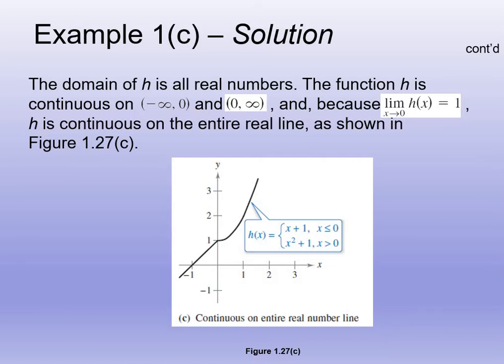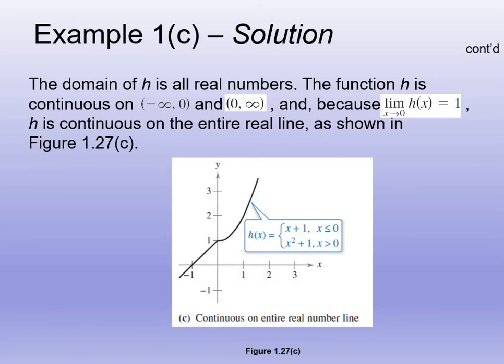So how do we do this? Well, since we have x less than or equal to 0, we know the value does exist for this function. If we plug in x equals 0, we evaluate it in the x plus 1 piece. So 0 plus 1 is 1. So there is a value at x equals 0.